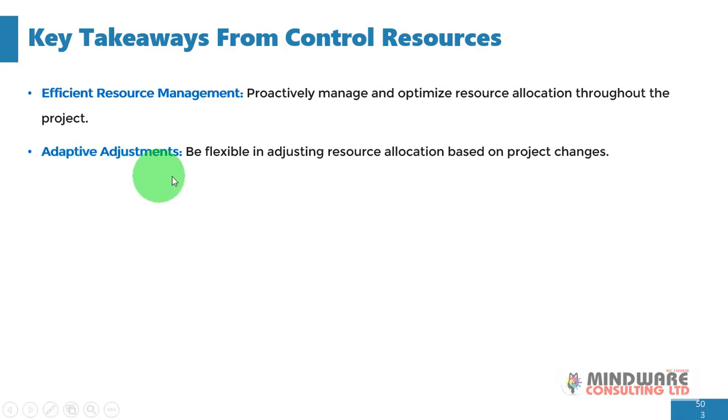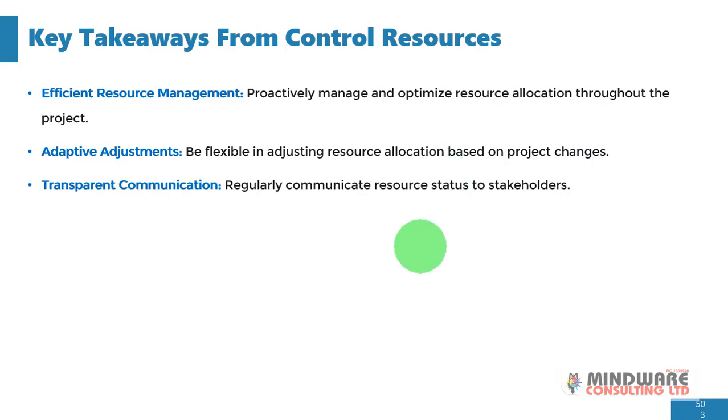Adaptive adjustments. Now, be flexible in adjusting resource allocation based on project changes. So this is very important. Knowing that you're going to have changes within your project, you need to be flexible and adaptive in adjusting your resource allocation.